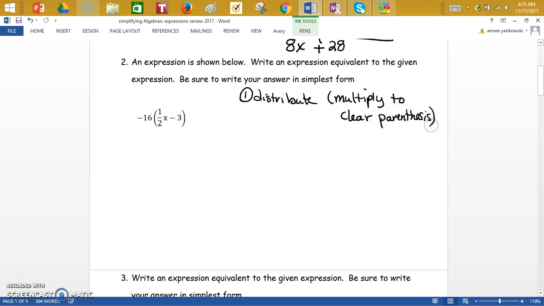All right, so let's just go ahead and do that. So I'm going to take this negative 16, which is out in front of my set of parentheses. I'm going to multiply it through to each term within.